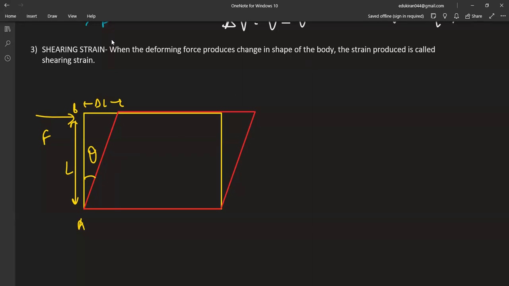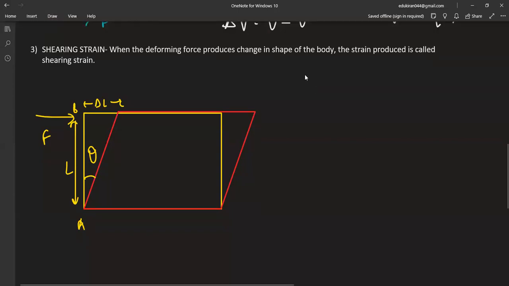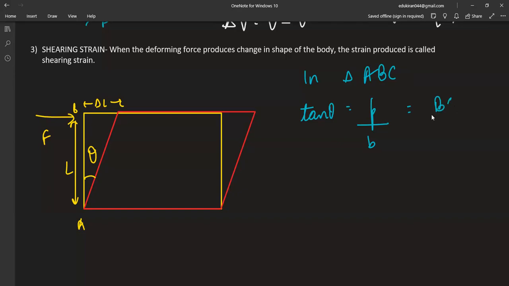Now, look here. In this triangle ABC, tan theta will be perpendicular, that is BC, upon base, that is AB. So this becomes BC divided by AB.